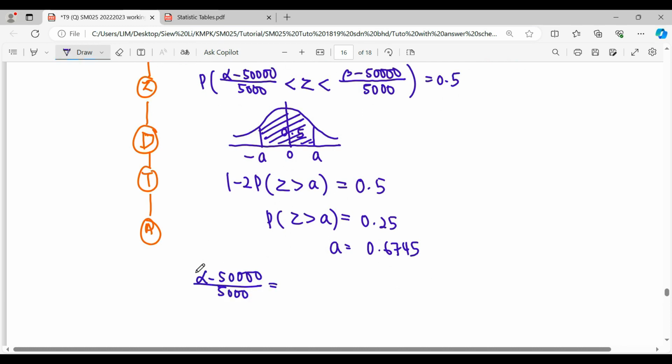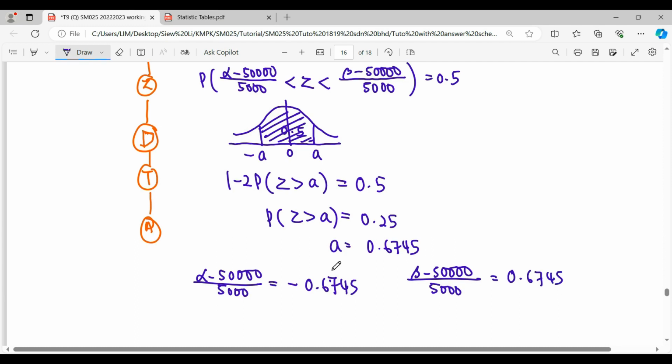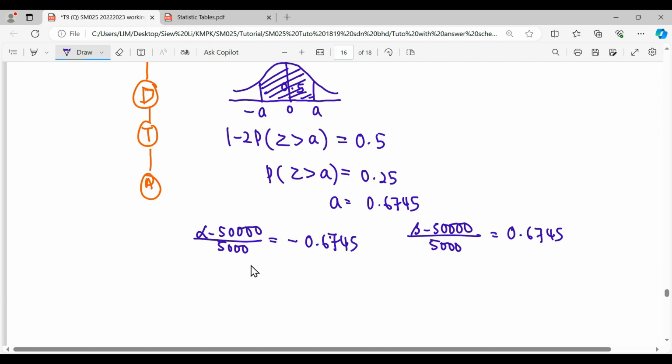So for alpha, minus 50,000 over 5,000 will be the negative value. For beta, minus 50,000 over standard deviation 5,000 will be the positive value. So we simplify this to find out what alpha is. Alpha gives us 46627.5. Meanwhile, beta gives us 53372.5 km.